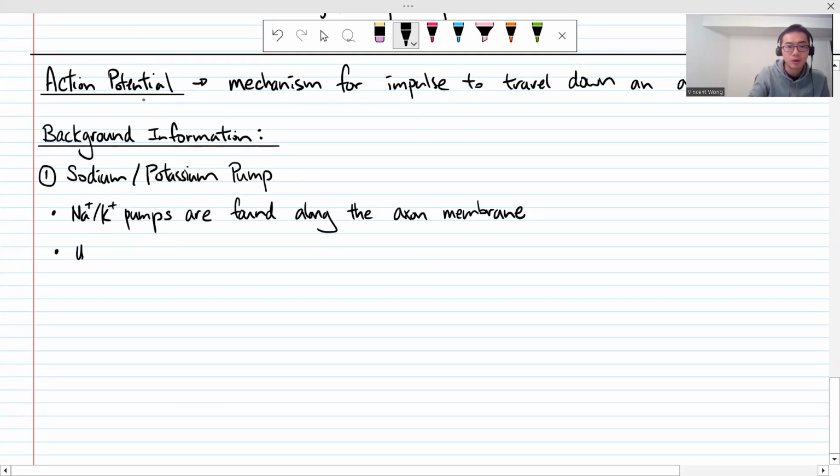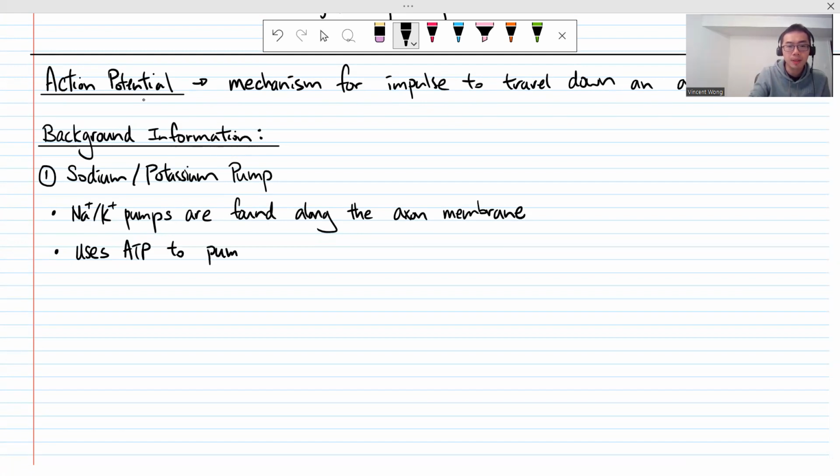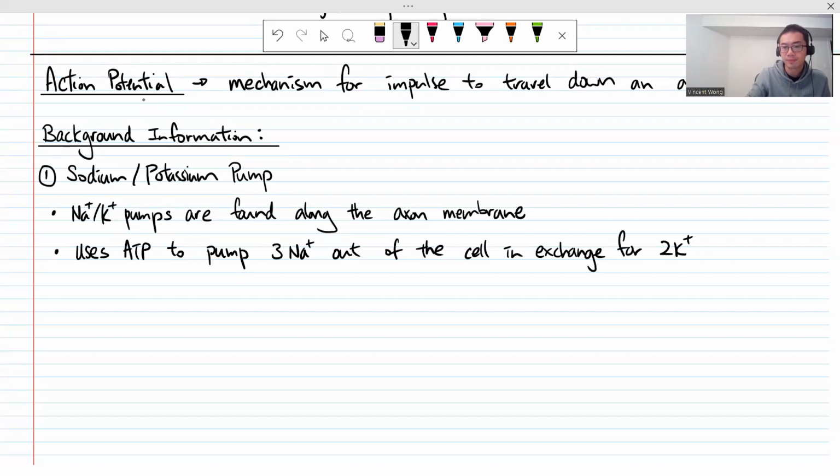Their job is to use ATP to pump 3 sodium out of the cell in exchange for 2 potassium into the cell.